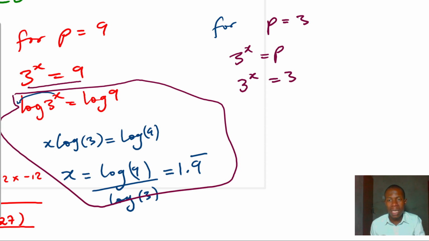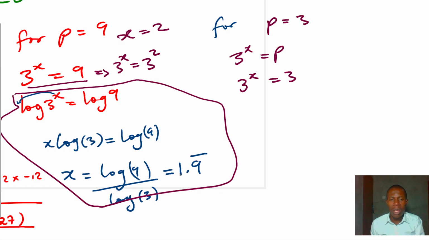We can make the bases the same. Then this would have been equal to 3 to the power x, and we can write 9 as 3 to the power 2. So basically, x would have been equal to 2. Since the bases are the same, x would have been equal to 2.